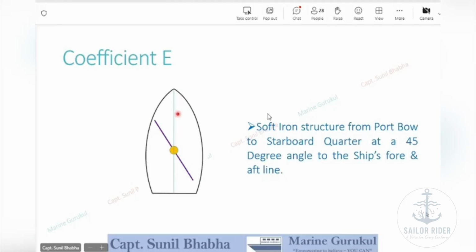The fore and aft longitudinals as well as the Athwartship beams are generally the strength members of a normal merchant vessel, so we will not have a substantial soft iron structure at a 45-degree orientation. And this is exactly the reason why coefficient E is absent in a normal merchant vessel.